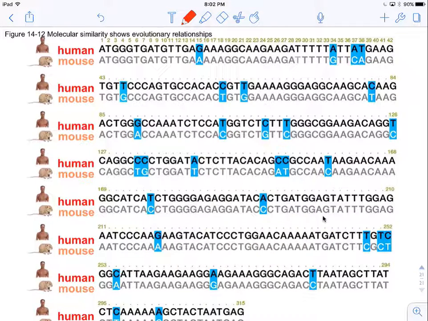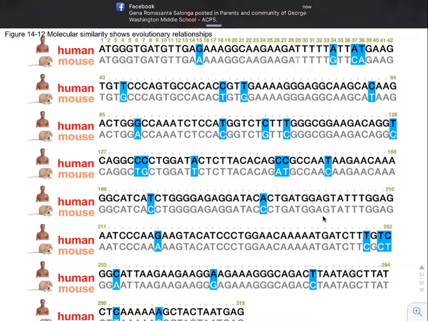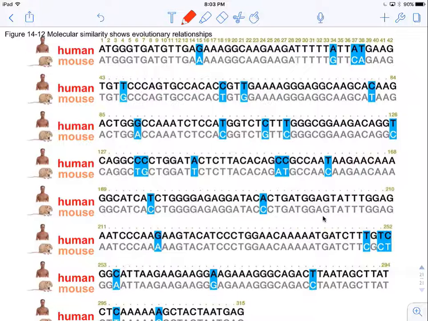Oh, and here's just a nice look at this gene. So this is a sequence for cytochrome C, or a tiny part of it. And you see the differences are highlighted in blue. And there are really very few of them if you look at the overall sequence. So it's very, very similar. Okay.